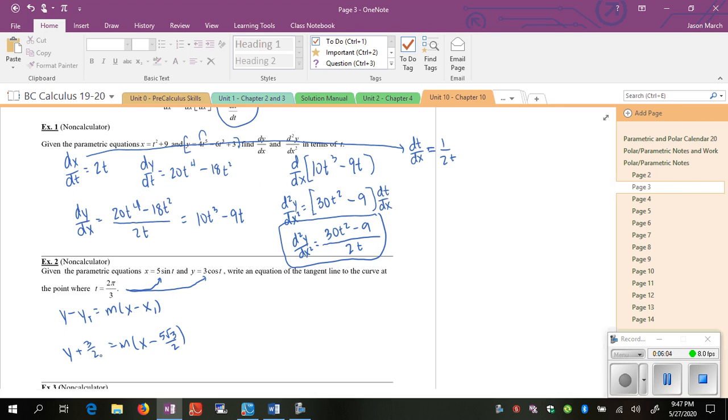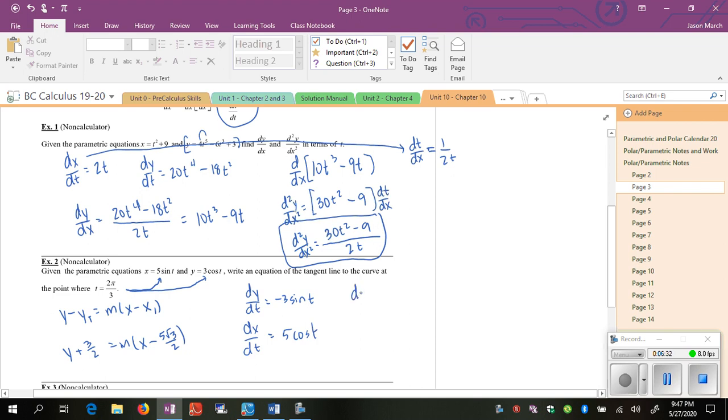Okay, now we need to know dy dx, so we need dy dt. And so dy dt is negative 3 sine t. Dx dt is 5 cosine of t.